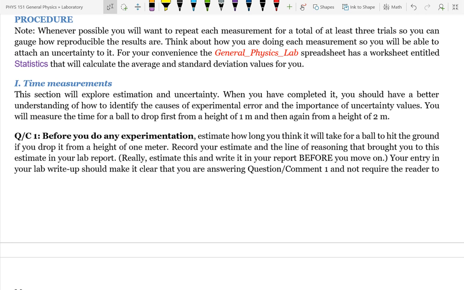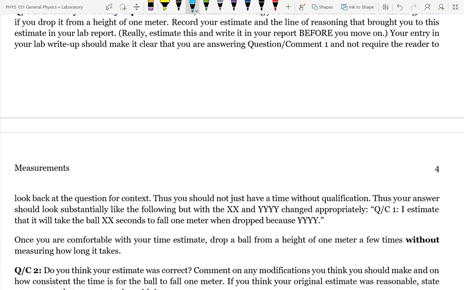Now, how do we record this data in our data table? Your data table should look something like this. I didn't give myself enough space.